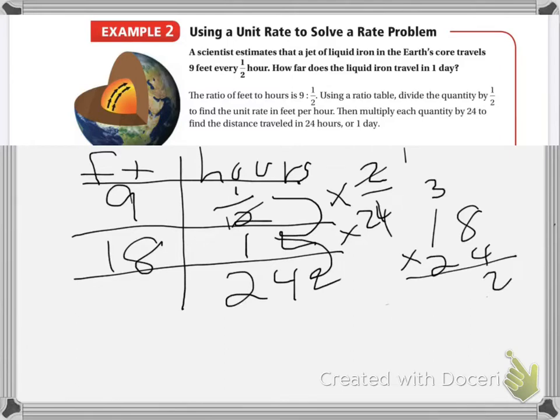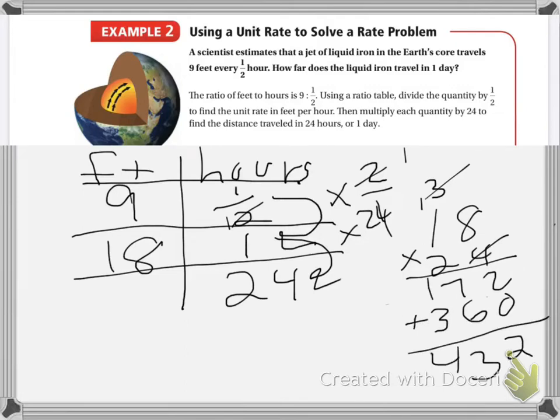And then 4 times 1 plus 3 is 7. Cross that out, put down my 0, cross out this. 2 times 8 is 16. And 2 times 1 plus 1 is 3. And I'm going to add that up. I get 2, I get 13, and I get 4. So then I have 432 feet in 24 hours.